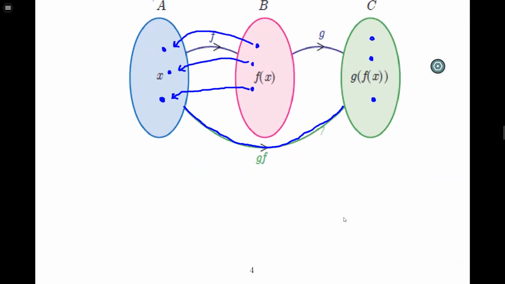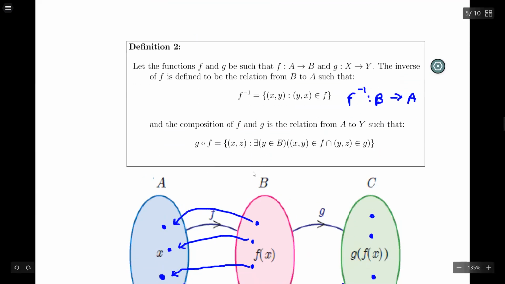So one thing to note is that each element of the domain of a function has a unique range value. So what we could do is simplify the notation for the composition of a function, because here they're saying, okay, we have, let's say, (x, y) in f, and we have (y, z) in g. Well, what that means is that we have y equals f of x, and z is equal to g of y.